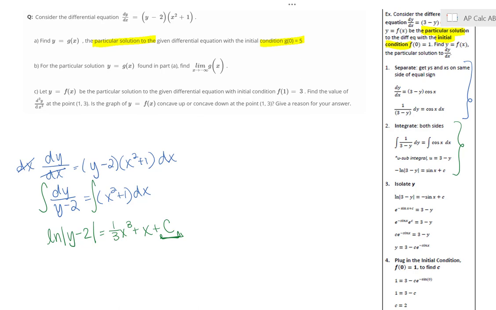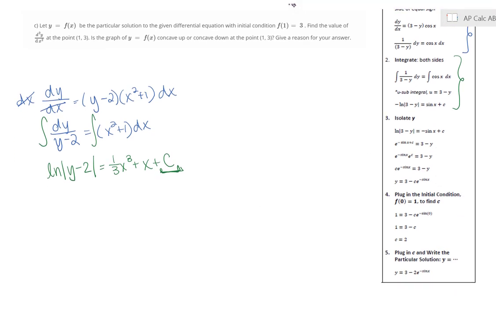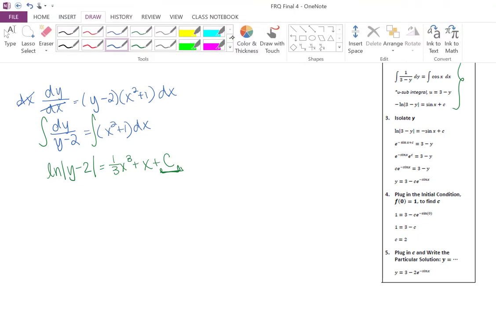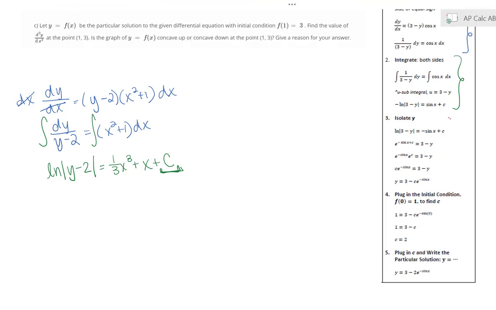My next step says we need to isolate y. So when isolating y, let's do this in pink.